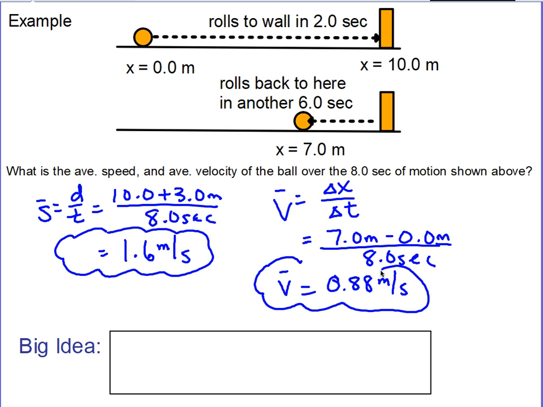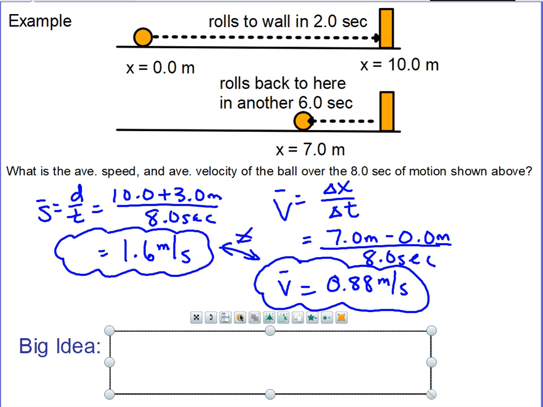Average velocity versus average speed. Clearly these are different. So there is a key takeaway. We can certainly do all the number crunching we want until we're blue in the face, but the big idea is that speed and velocity are interchangeable unless there is a change in direction. That change in direction becomes pretty important.